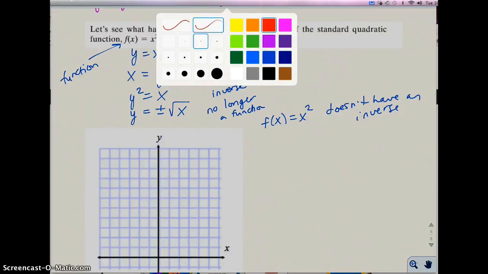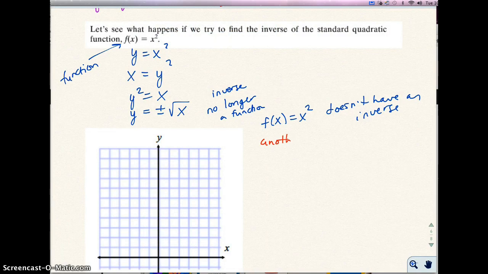Another way to look at this is to look at the f function that's up here. If I put in 1 for x, 1 squared would be 1, so I get 1, 1. If I put in 2 for x, I would get 2 squared, which is 4.